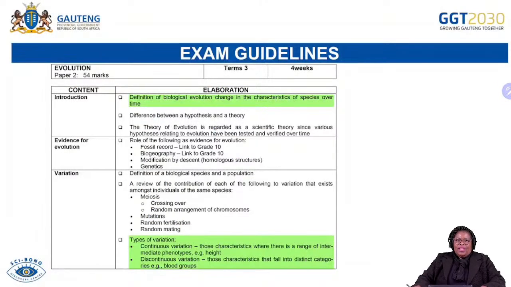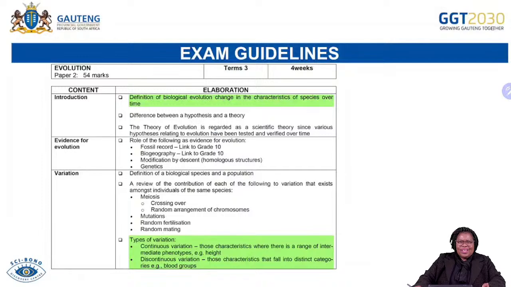Right, at the beginning of the year, Grade 12 learners, we gave you relevant documents that you need to have in order to prepare for this year. One of the documents is the exam guideline of 2021. So make sure that you use this document as your Bible.